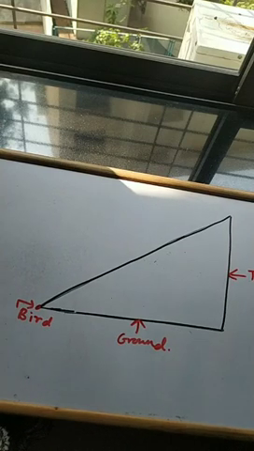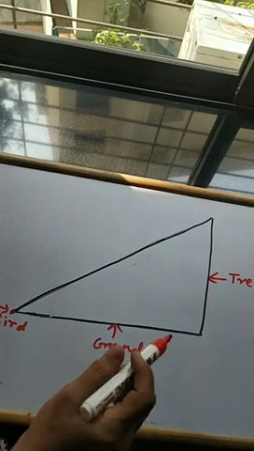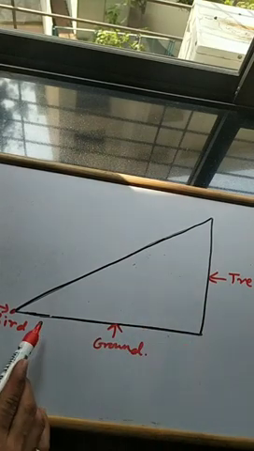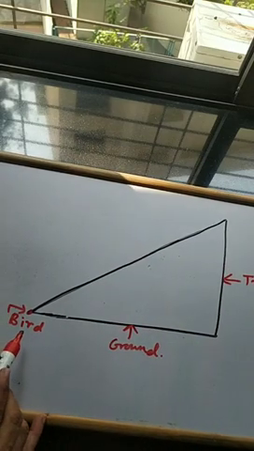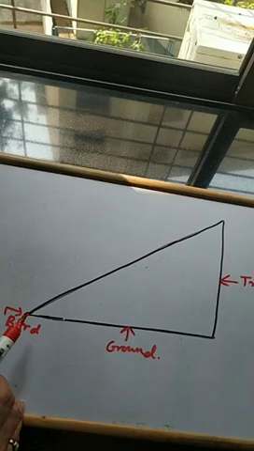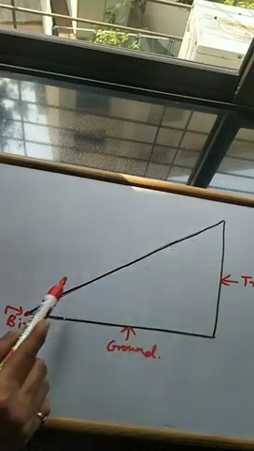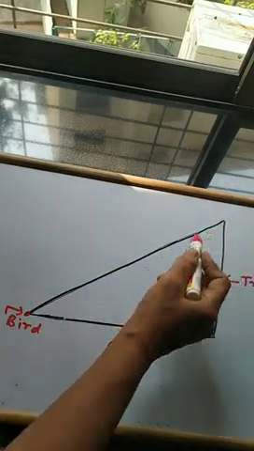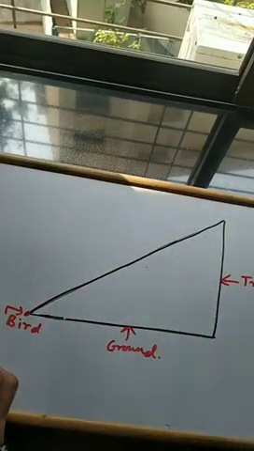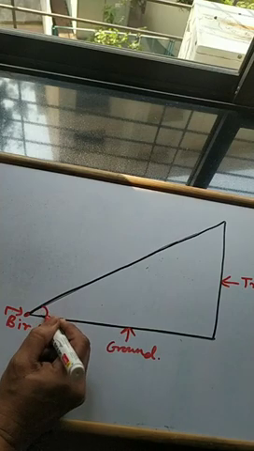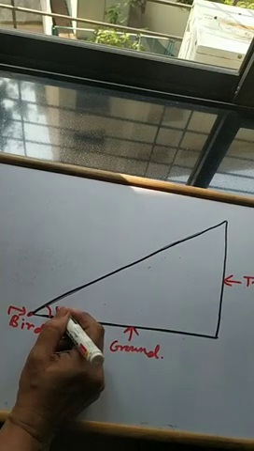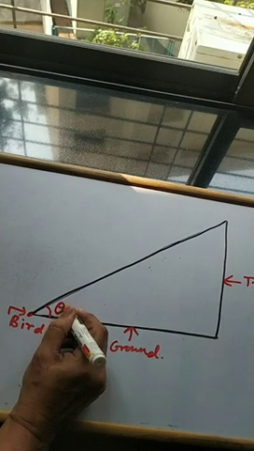Can you see that? So tree over here, this is the ground and this is the bird. Now the bird is making an angle with the tree top. Observe, and when you join you get a triangle like this.